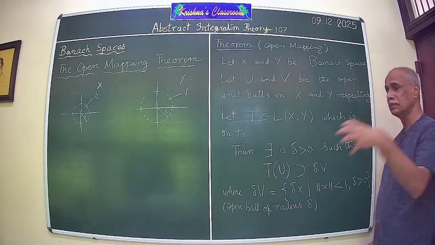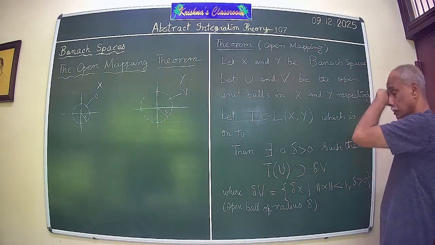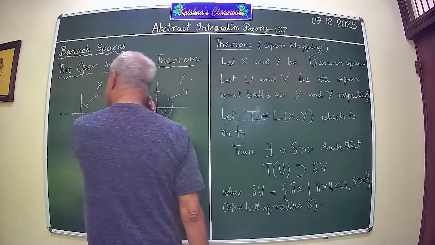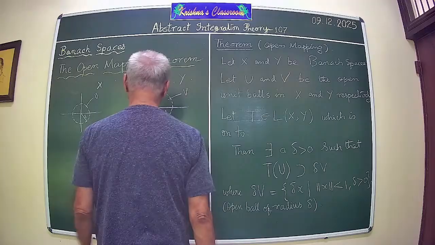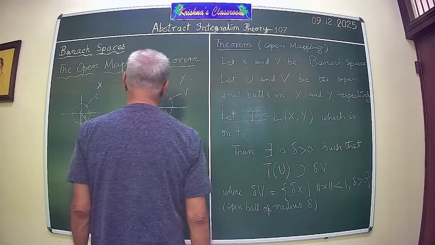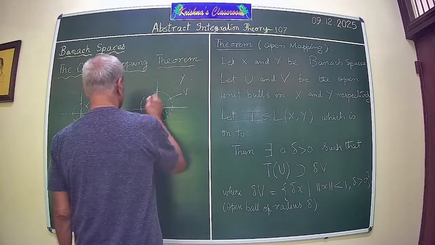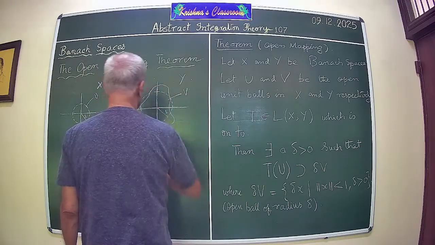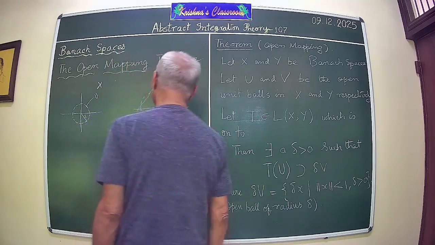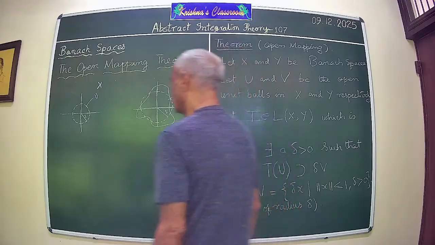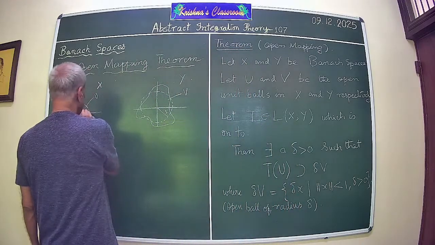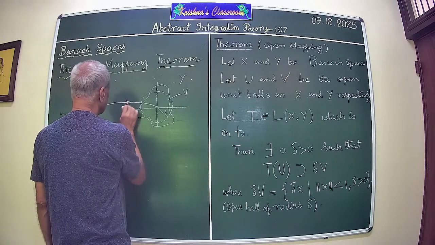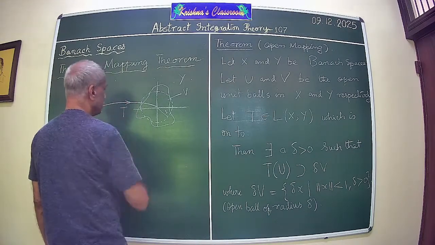Now what is the statement of the theorem? You look at the image of U under T. What is that? That is going to be some set. It depends on T. But what you can say is that T maps 0 to 0.